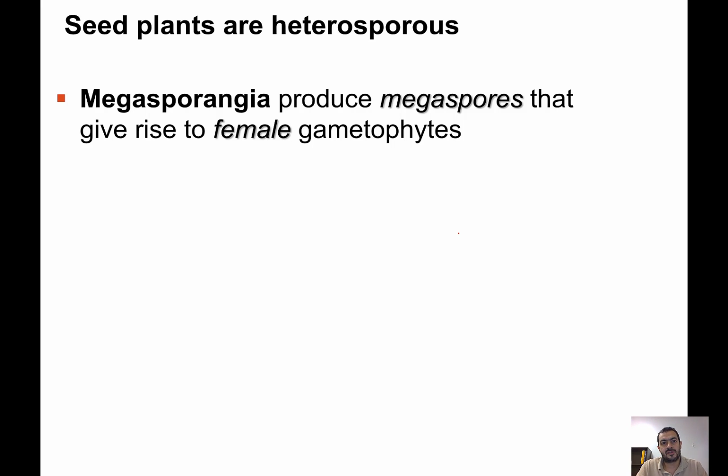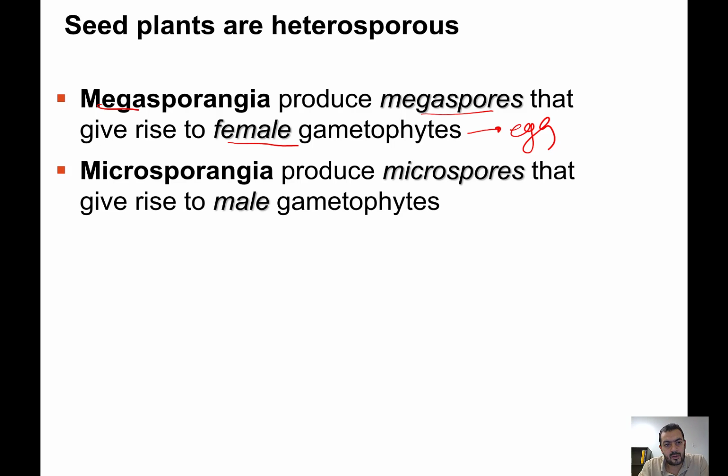The situation is different here in seed plants because we have what are called megasporangia. This is the organ that will produce the megaspores, and these megaspores will give rise to the female gametophytes, which will develop later on into the egg. And we have microsporangia.